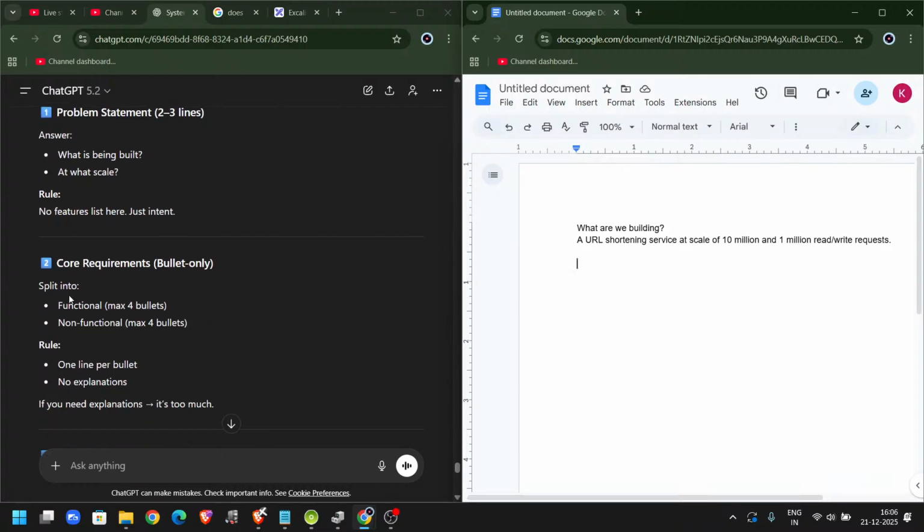This is the intent. And functional requirements: long URL generation, long to short; URL redirection, short to long, right?